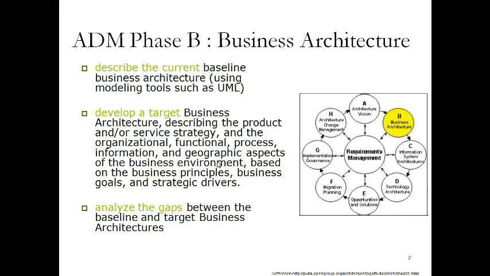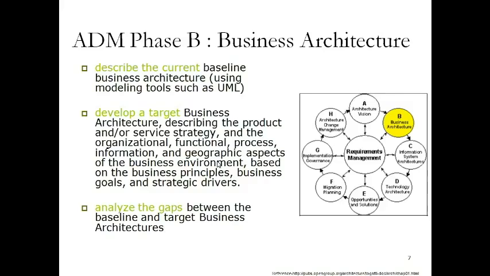So we need to indicate what kind of business services are to be developed. So we describe the current baseline of the business architecture, and the tools we use are basically similar to UML tools, things that create artifacts and diagrams using a language like UML.